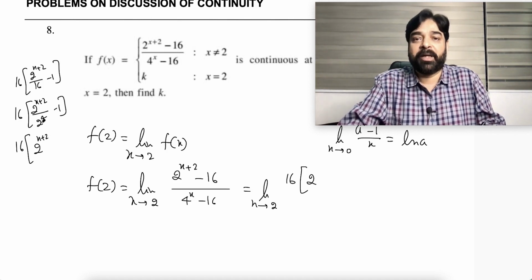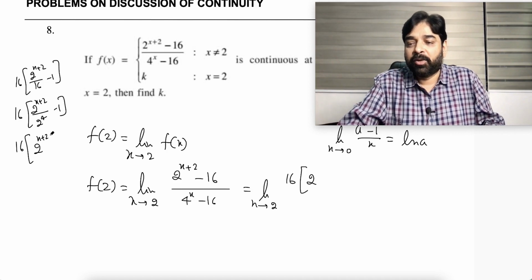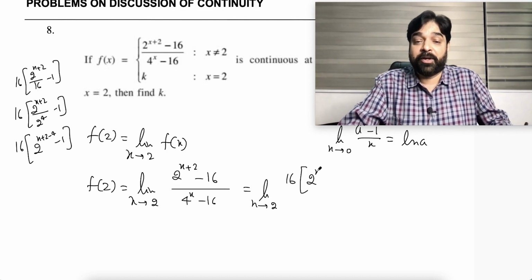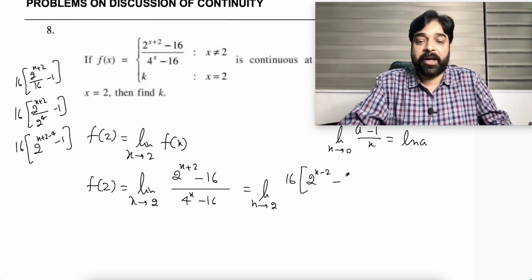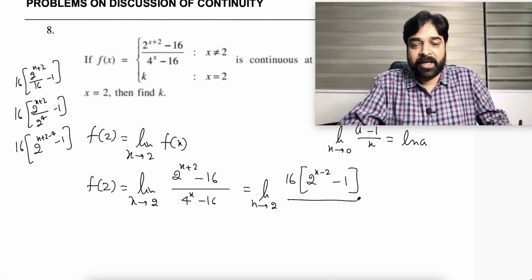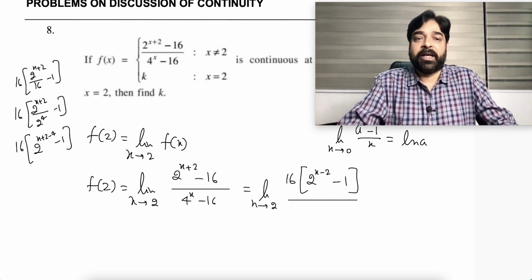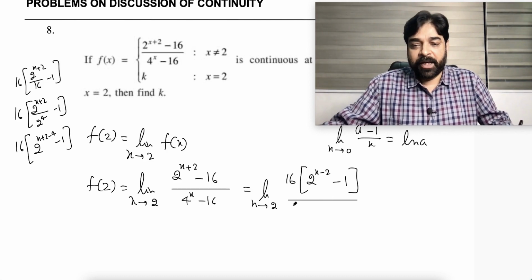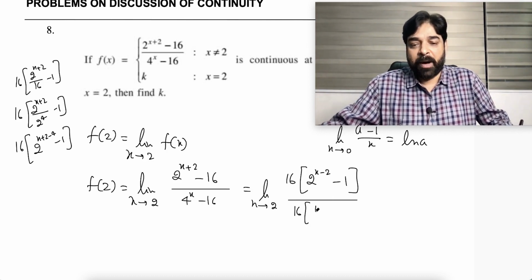Whenever two numbers divide, the power gets subtracted. So x plus 2 minus 4 is what? Minus 2. I am sure all of you understood how I wrote this. Minus 1 divided by, from here 16 again we can take common. So what we will get? 4 power x by 16 minus 1.